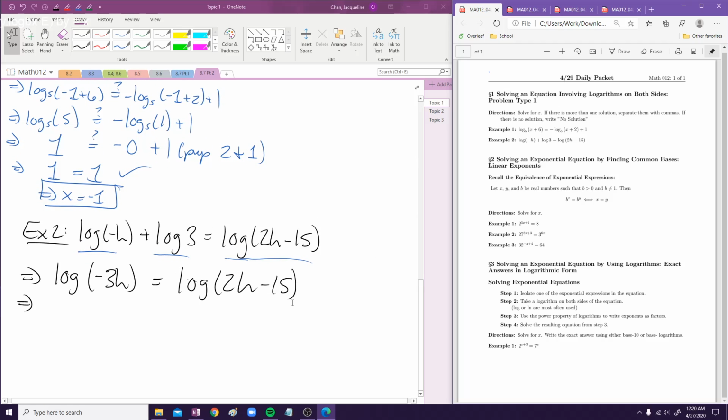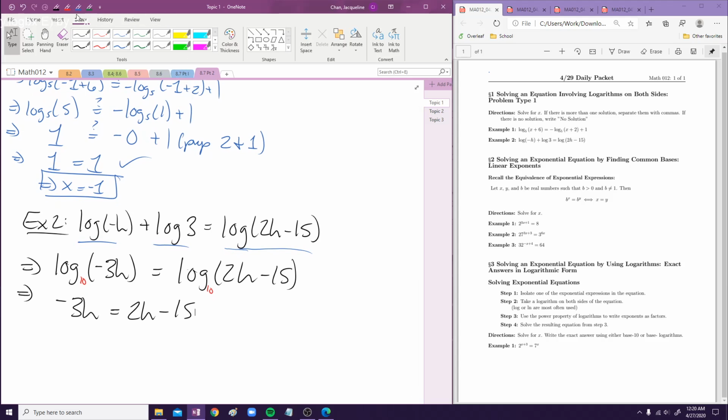But what it states is that if they both have the same base, which they do because they both have a base of 10, that means that the arguments are equal to each other. So therefore, negative 3h is equal to 2h minus 15, right? They're both logarithms with the same base. That means the arguments are equal to each other, right?